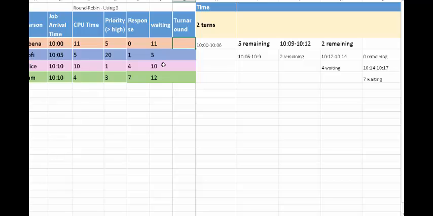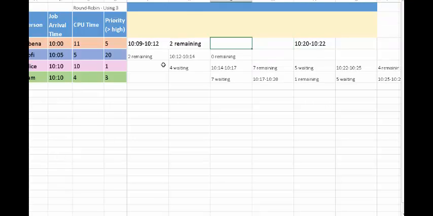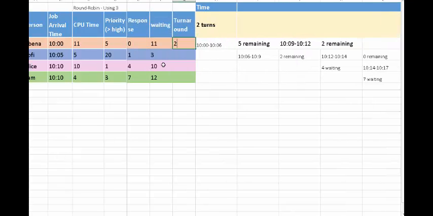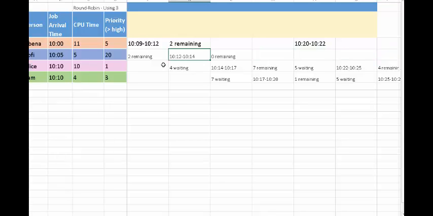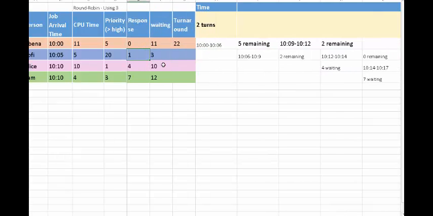And turnaround is when you came in to when you ended. Came in at 10:00 for Alice and ended at 10:20, so that's 22. Came in at 10:05 for Kofi, ended at 10:14, that's 9.